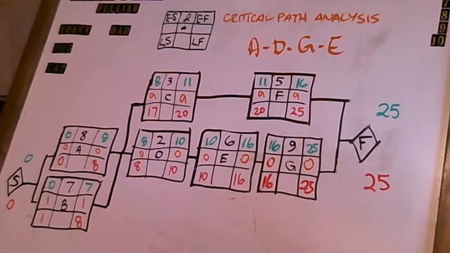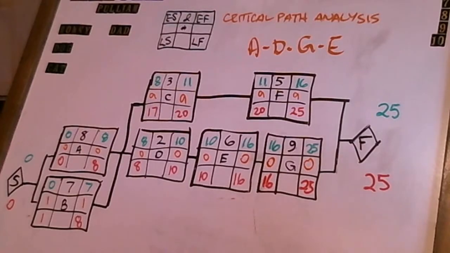Subtracting the early finish date of 7 tells me that I've got a float for that activity of a single day. You can do the same calculation with the late start and early start dates and you're going to get the same amount of float. In this case, activity B has 1 day of float.